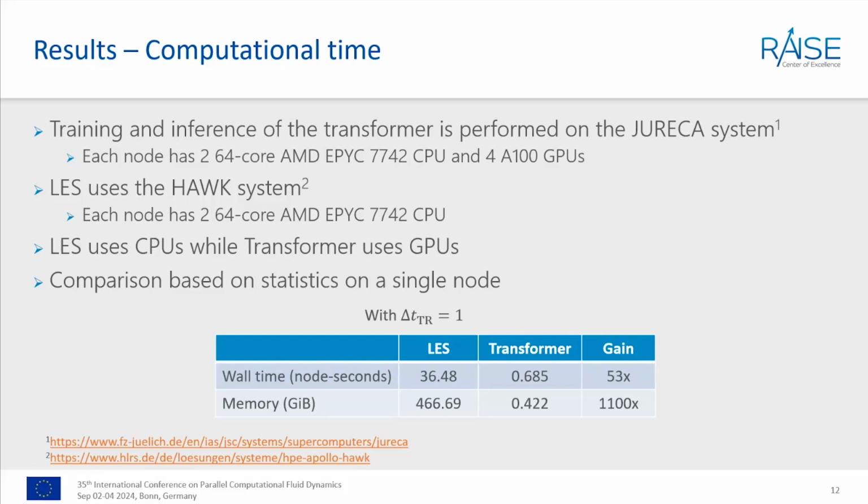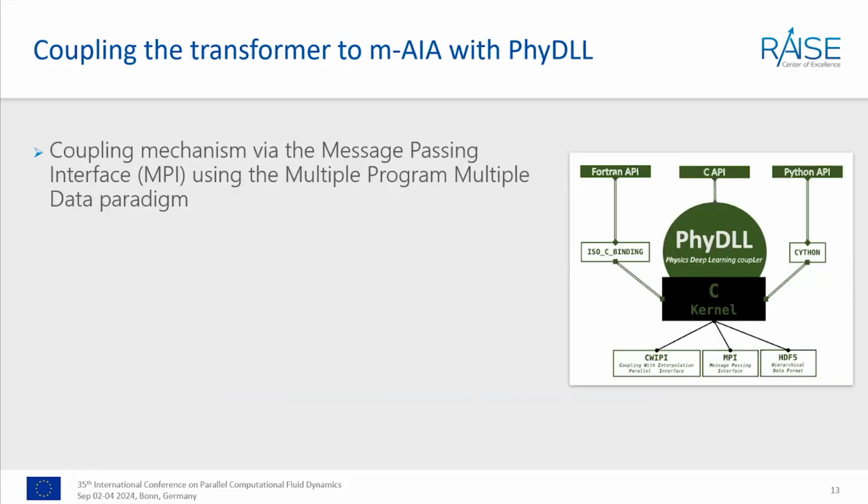So the next step is to couple the transformer model to the solver, and this is done with a framework called FIDEL. This is a coupling framework developed by our collaborators at Fairfax in the COE RACE project. FIDEL already offers a lot of interfaces: Fortran, C, Python.